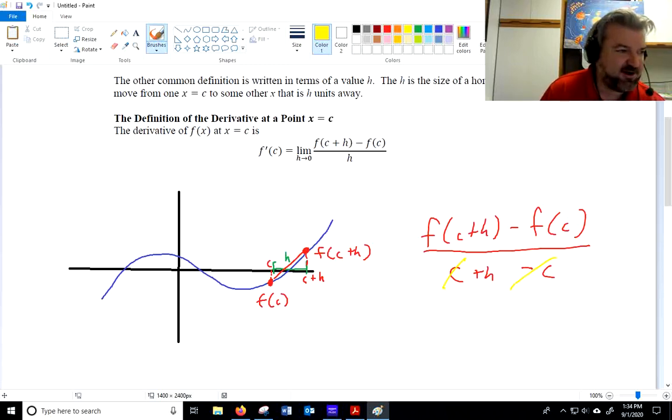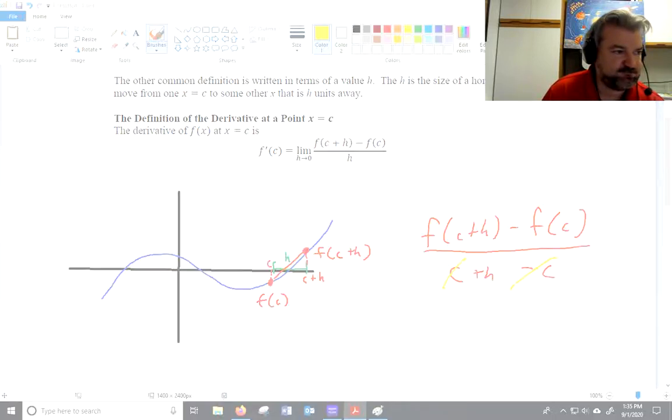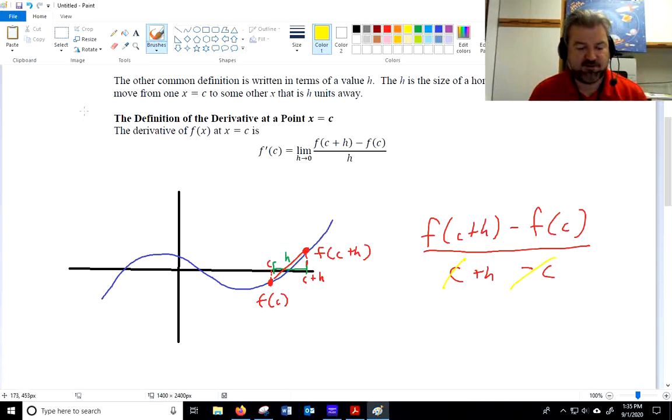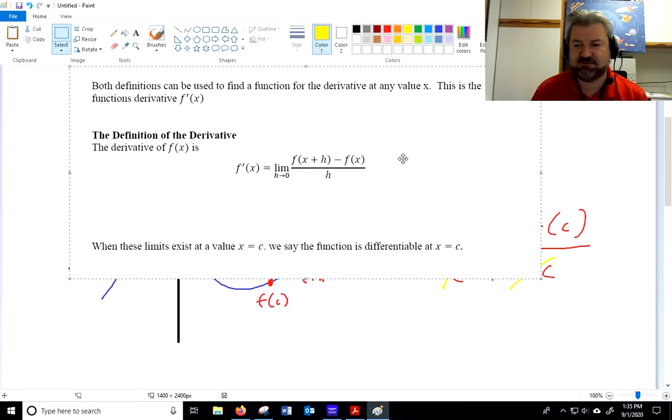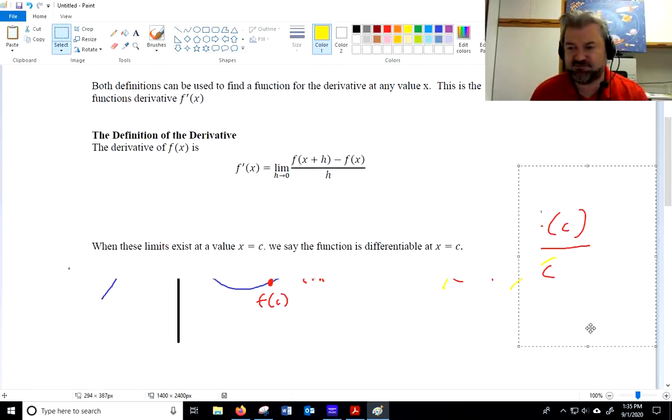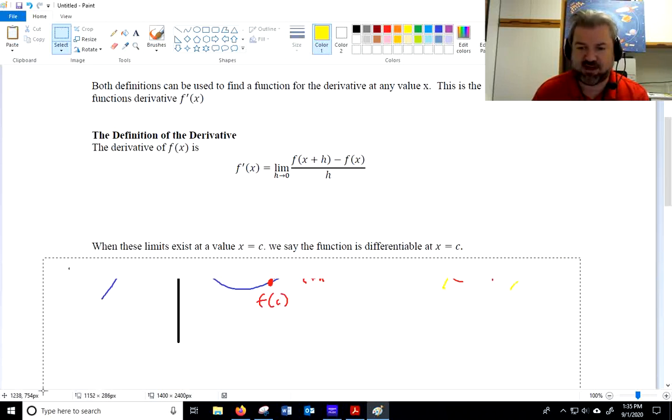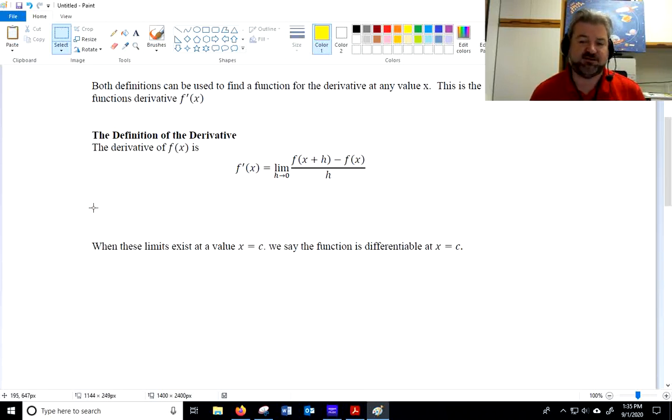Lastly, though, we need to look at the general definition. Both of these definitions can be used to find not just the value of the derivative at one x value, say 3, but we can find it in general. We can find a function that tells us the derivative at any x value.